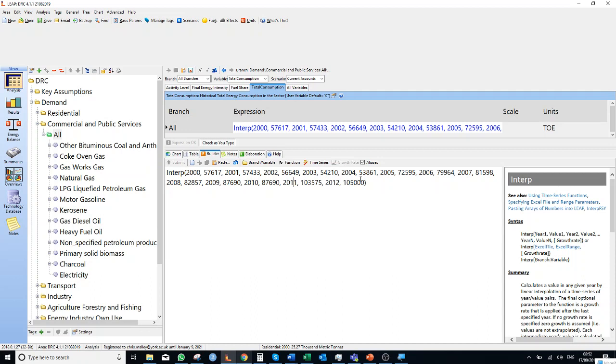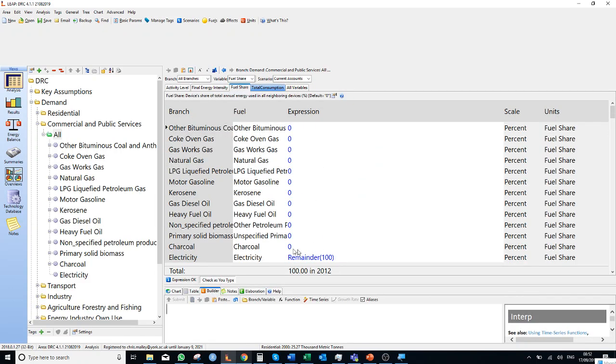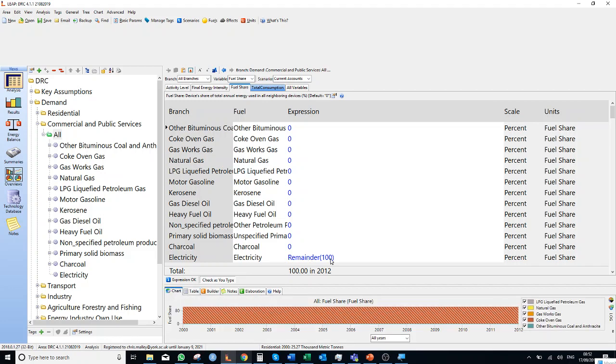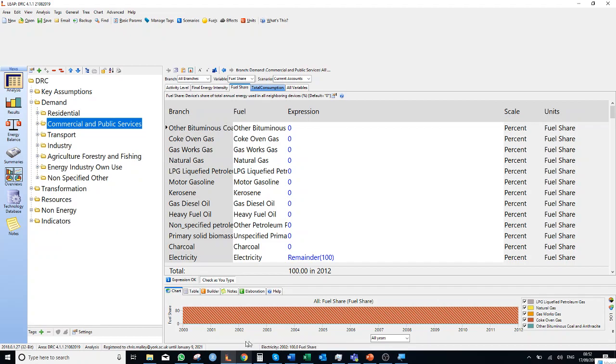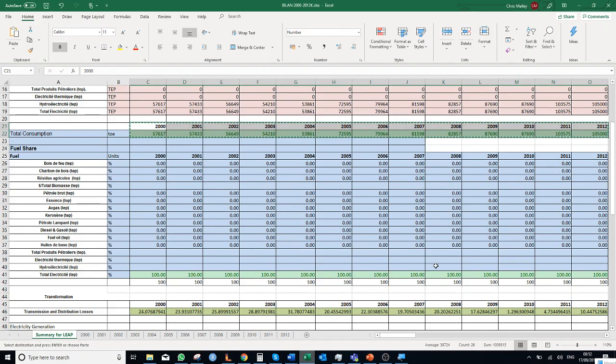I just copied and pasted it from Excel because I'd put it into the correct format already. Then I didn't need to do anything here. The value for electricity was 100%, so I didn't need to split it between my different fuels. It was just for electricity. So the fuel share was 100% electricity. Let's look at a more interesting example.